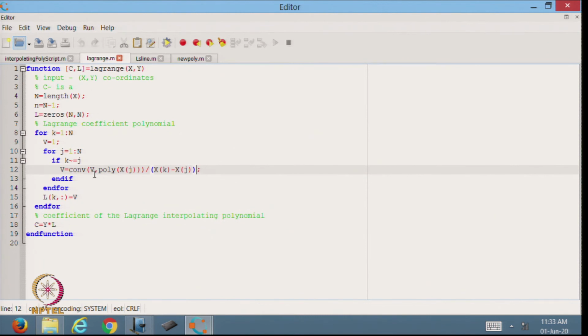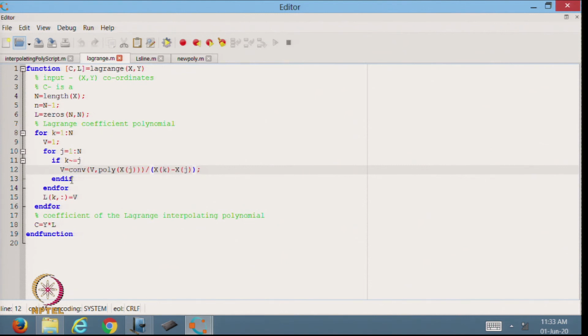Based on this one, first I will do the convolution and then I multiply by all the other factors, for k not equal to j, and all this will be saved in the value of v. So this v is what I am going to have.